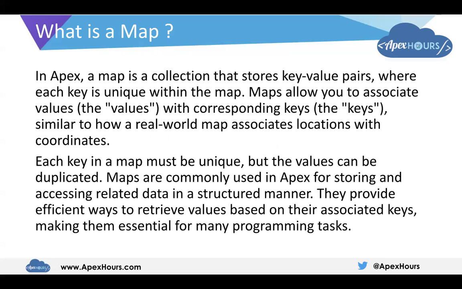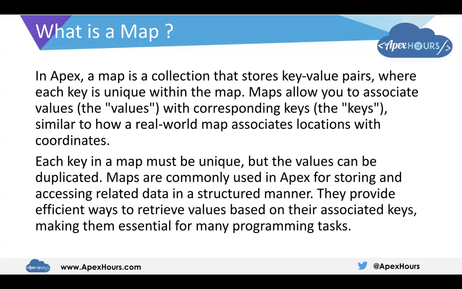Now, what is a map? In Apex, a map is a collection that stores key value pairs where each key is unique within the map. Maps allow you to associate values with corresponding keys, similar to how a real world map associates locations with coordinates.